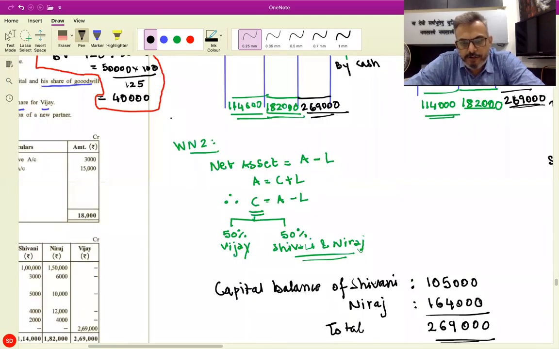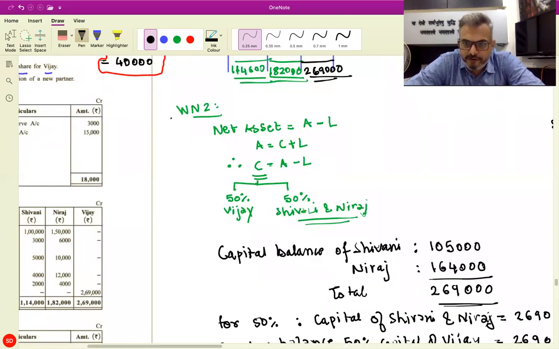Net asset is equal to asset minus liability. A is equal to C plus L. We have already seen. So C is equal to A minus L. So net asset is equal to capital.